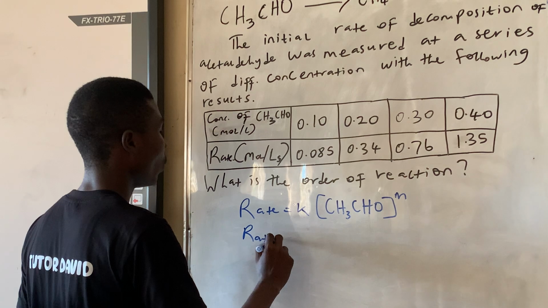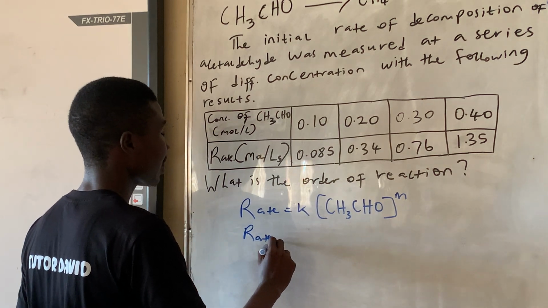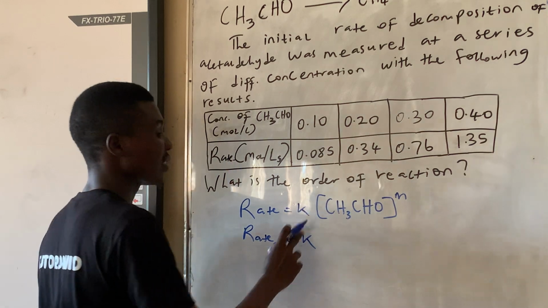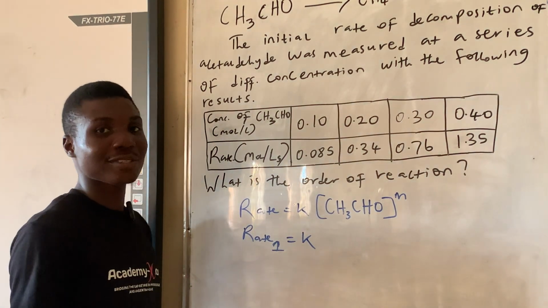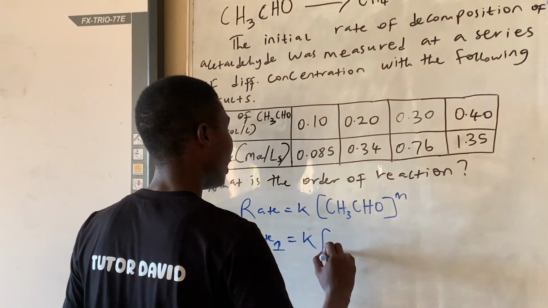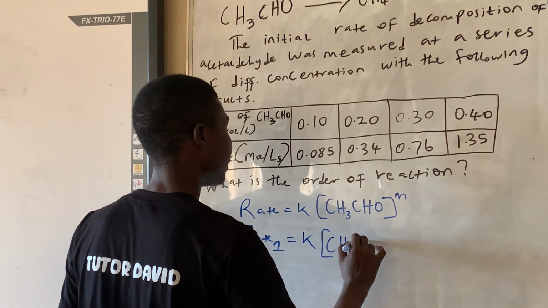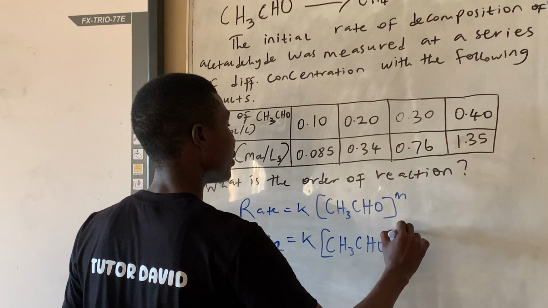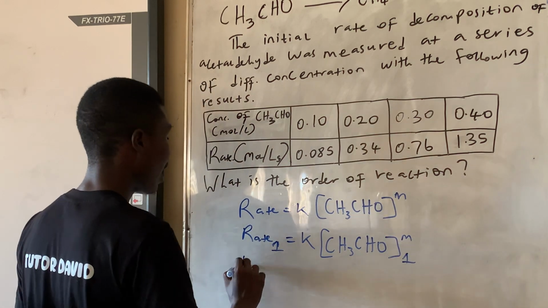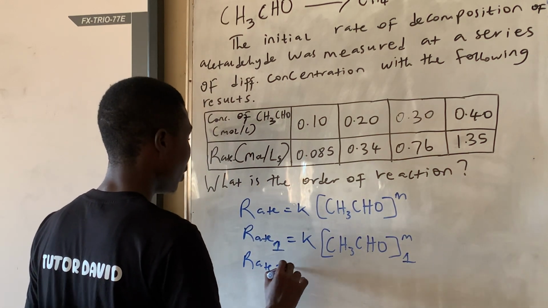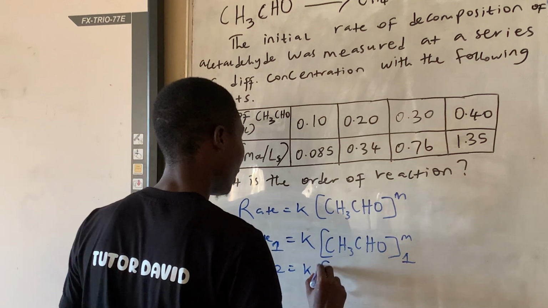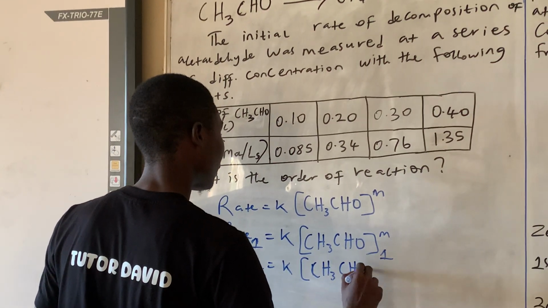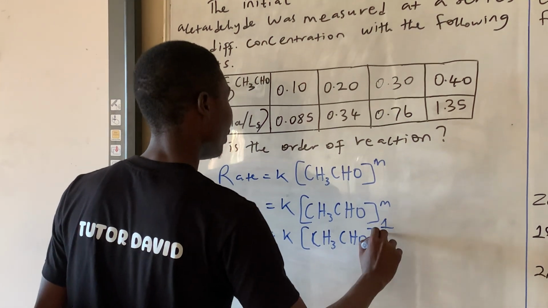rate 1 is equal to k, and remember that k is not dependent on concentration, so k is constant. Rate 1 is equal to k times concentration 1 of this reactant raised to the power of m. We can have rate 2 equal to k times concentration 2 raised to the power of m.